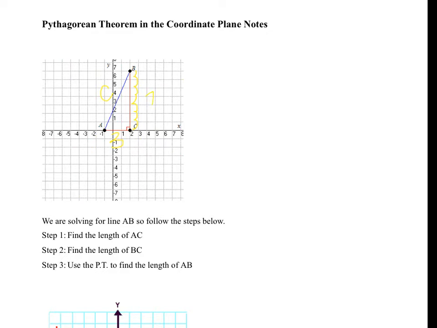So if we're going to solve for C, it's going to be 3 squared plus 7 squared equals C squared. So now all we have to do is square each of those numbers, and 3 squared is 9, 7 squared is 49, and that's going to equal C squared.